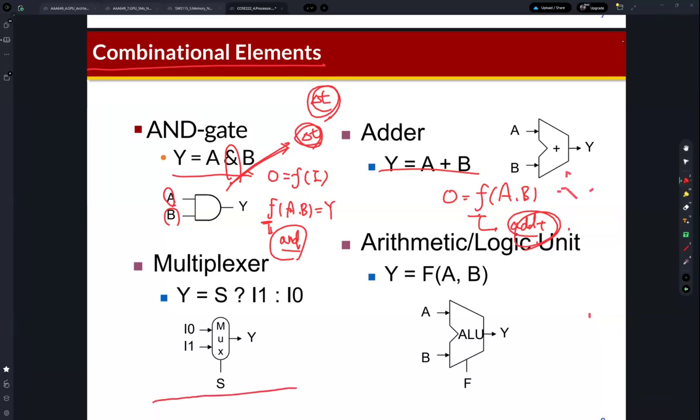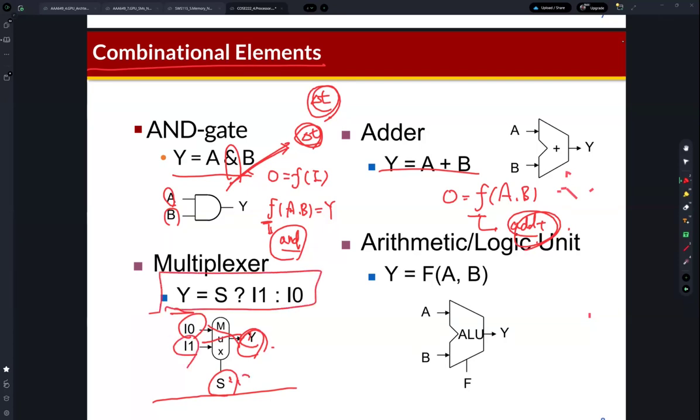And then what is a multiplexer? The multiplexer means that based on the selection signal, the output Y becomes one of the inputs. The output Y is equivalent to I0 if S is 0, and Y is equivalent to I1 if S is 1.